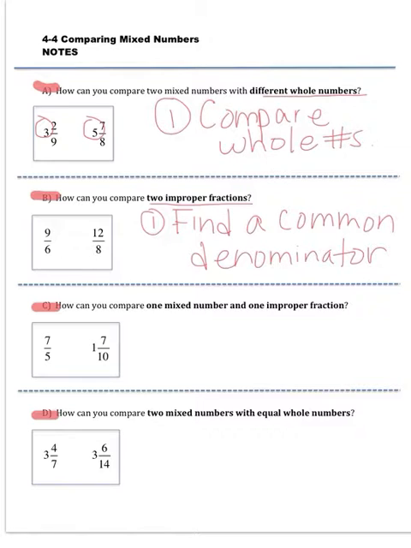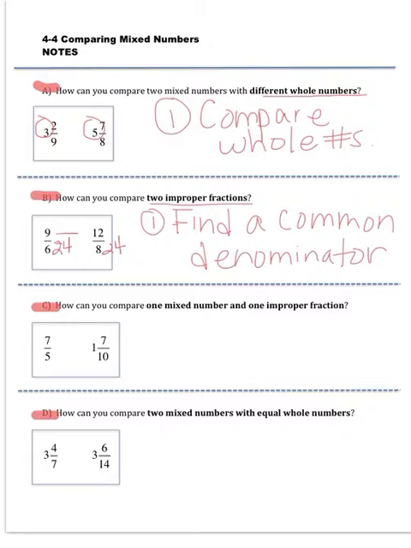When I look at my 9/6 and my 12/8 and I go through the multiples of both 6 and 8, the least common multiple or the least common denominator is going to be 24. So I'm going to put a 24 next to my 6 and a 24 next to my 8.